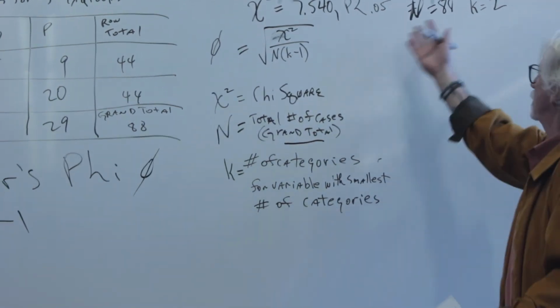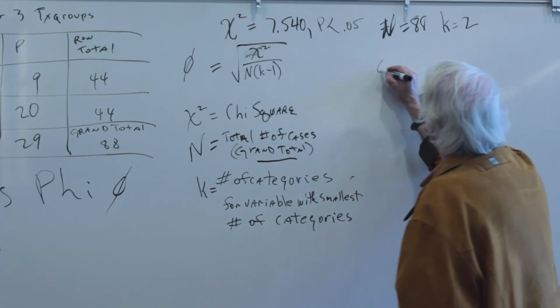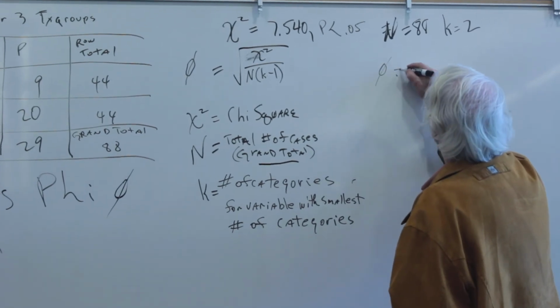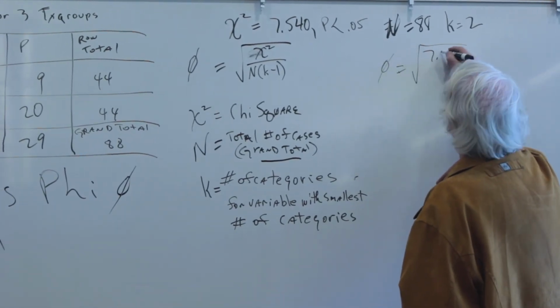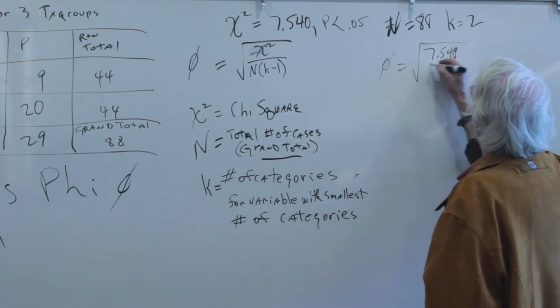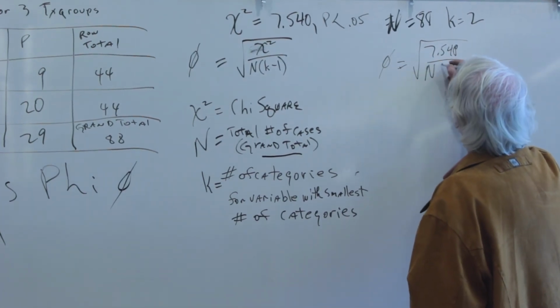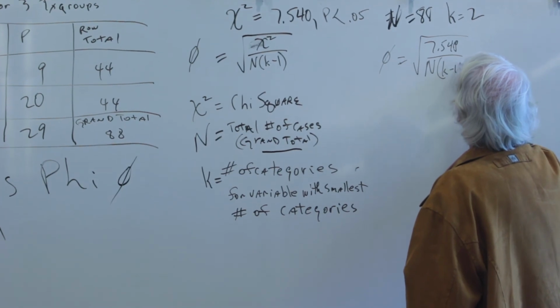Okay? So here we go, we just plug this in. So the square root of 7.540 over n times k minus 1.